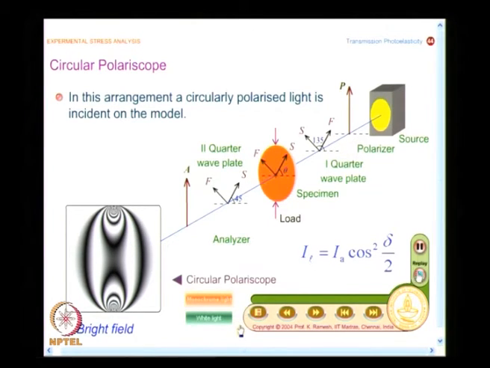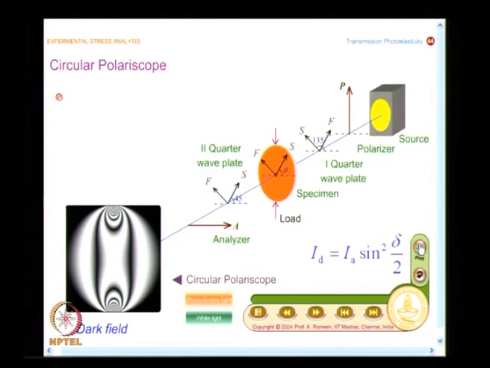I repeat the animation, you just have a look at it. What I have here is the polarizer, first quarter wave plate, model, second quarter wave plate, no change is done. Instead of analyzer vertical, I have kept the analyzer horizontal.